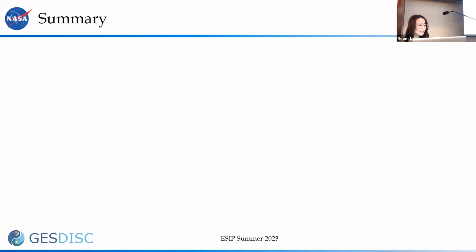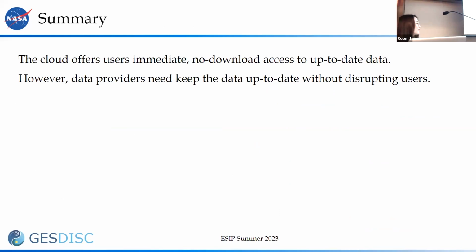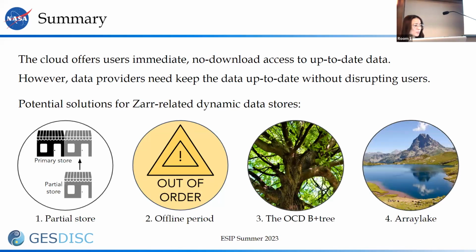All right, so in summary, the cloud offers users immediate, no download access to up-to-date data, but the cloud is not all paradise, not yet at least, and data providers need to keep this data up to date without disrupting users. So we looked into the potential solutions for Zarr-related dynamic data stores.